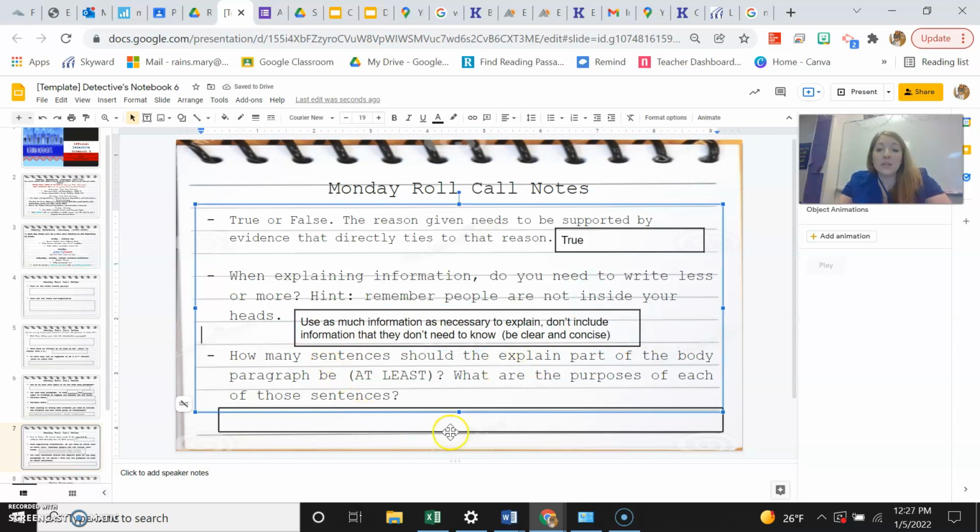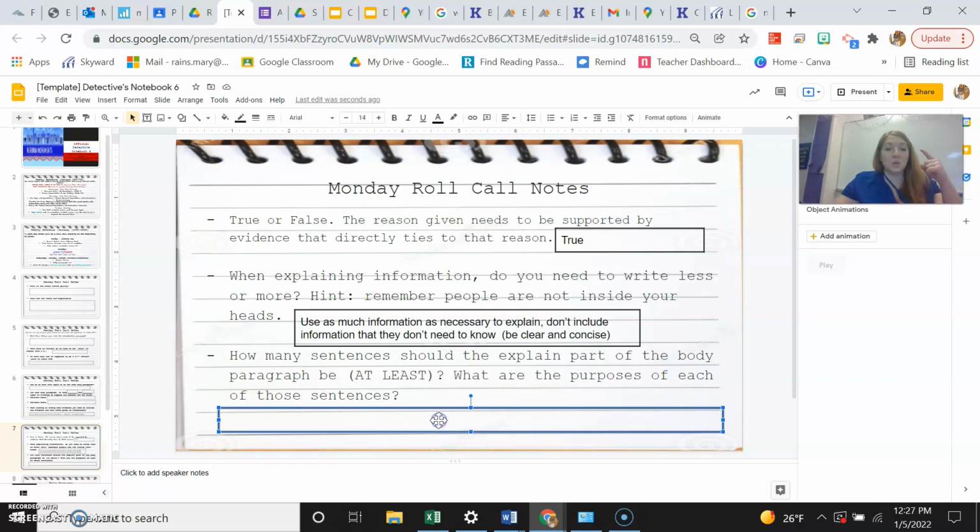Okay, the next one. How many sentences should the explain part of the body paragraph be, at least? With the explain, you need to explain it however long that takes you, but how many at least does it need to be? Think about the two things. It needs to be 2 sentences. One, it needs to explain the quote or information in your own words.